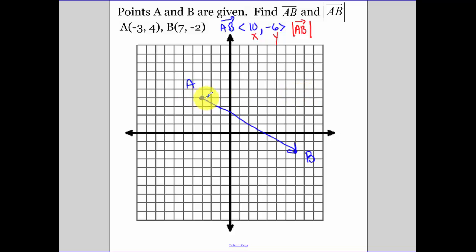If you draw in this triangle, this was 6, this was 10, so we have 10 squared plus 6 squared, we get the square root of 136. Let's give that in simplest radical form, so I can factor out a 2 and I'm left with 2 square root of 34.